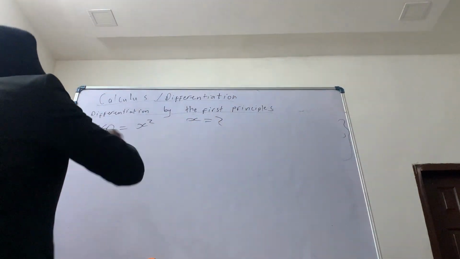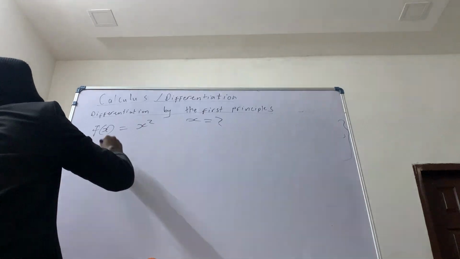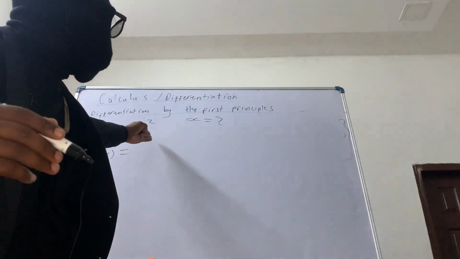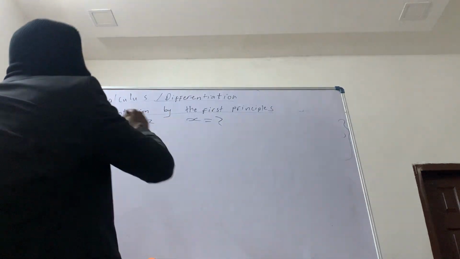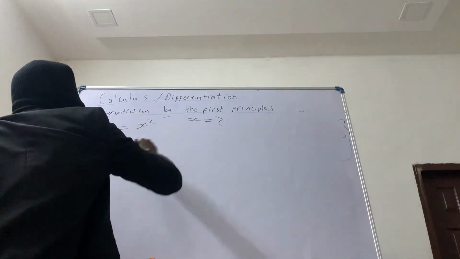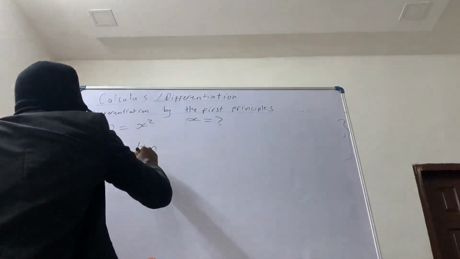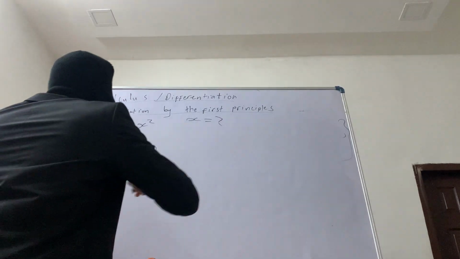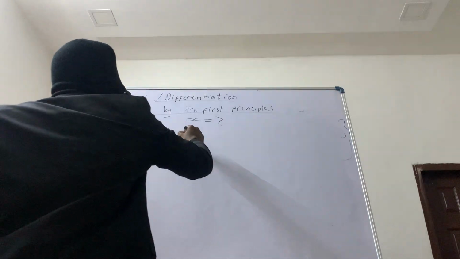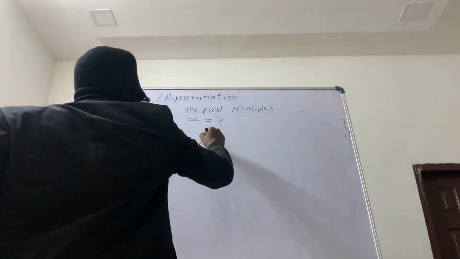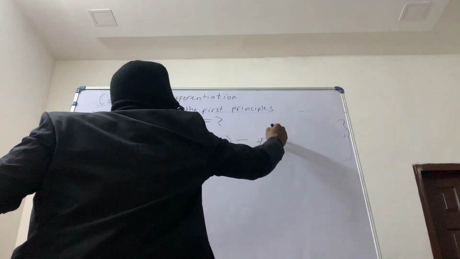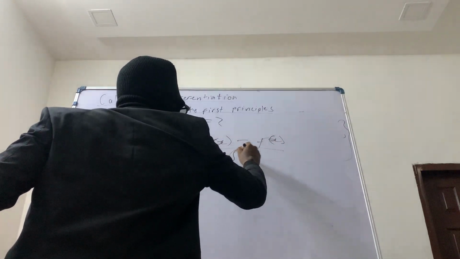What are we going to do? We are going to write our formula: f prime equals the limit of delta x as it approaches 0 of [f(x plus delta x) minus f(x)] over delta x.